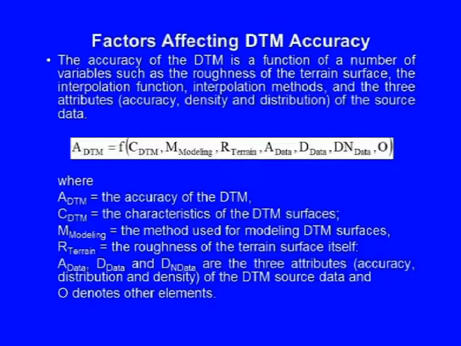Using all these variables, a function can be developed to express the accuracy of a DTM, which can be a function of the characteristics of the DTM surfaces expressed as C DTM, or the method used for modeling the DTM surfaces, that is M modeling, the roughness of the terrain surface expressed as R terrain, and the three attributes accuracy, distribution and density represented by A data, D data and DN data, and finally, scope to include any other source or cause which may have its role in the DTM accuracy expressed as O.